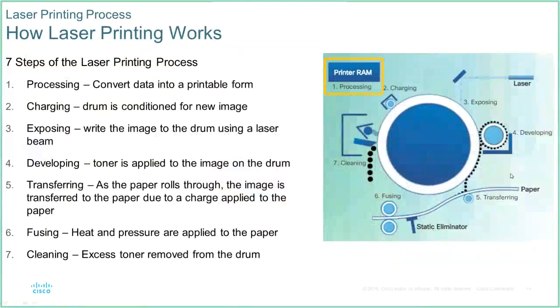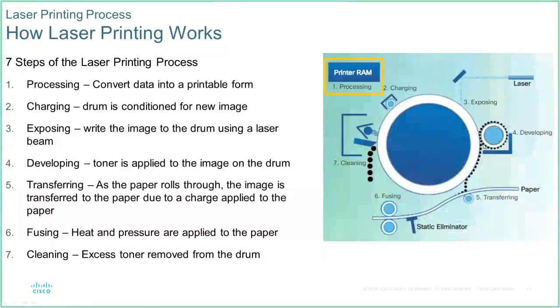So basically you have the image coming down for the printing, and it'll charge the drum, which is what the toner is attached to. So you got the laser giving it a pinpoint precision of what it wants to print and changes the charge where it hits.